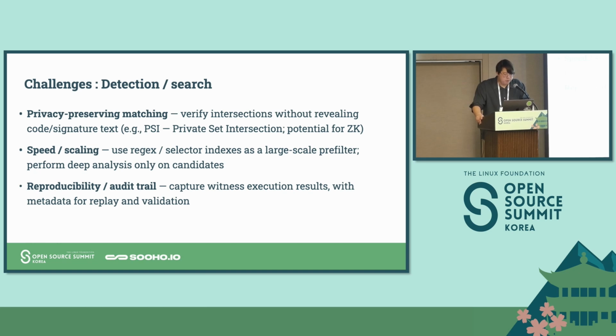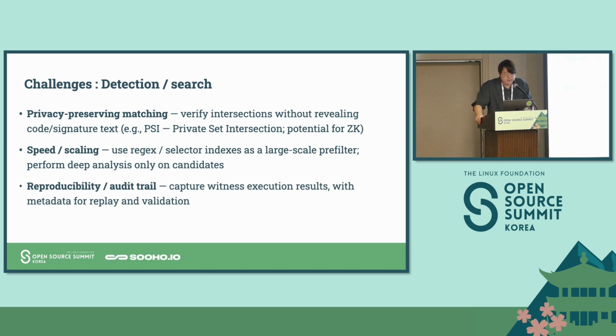To address that, we are exploring privacy-preserving matching using techniques like PSI, private set intersection, which lets two parties check for overlaps without revealing the actual text. And maybe in the future, parts of this could also be implemented with zero-knowledge proofs or something.